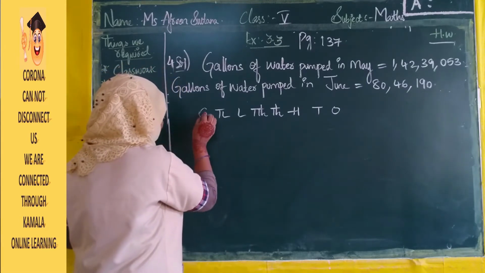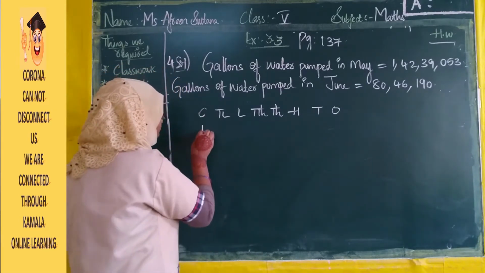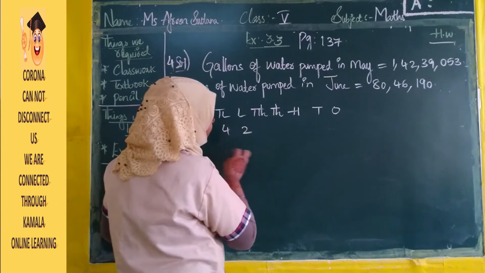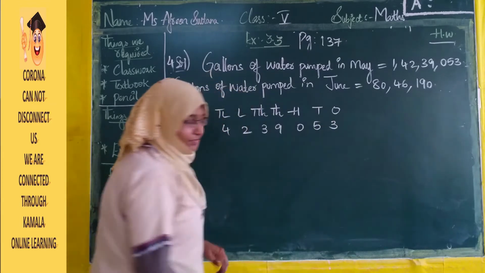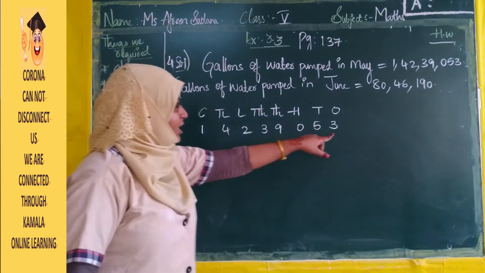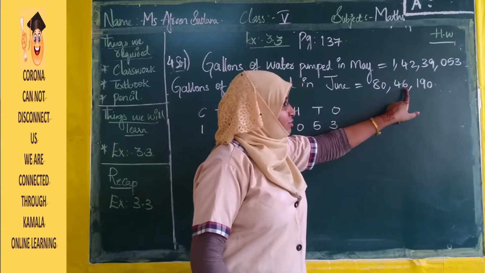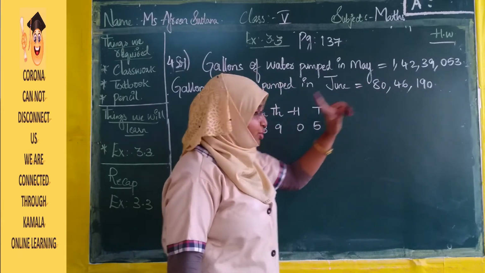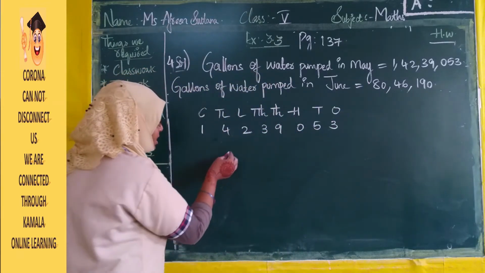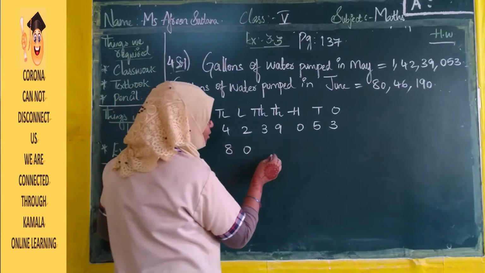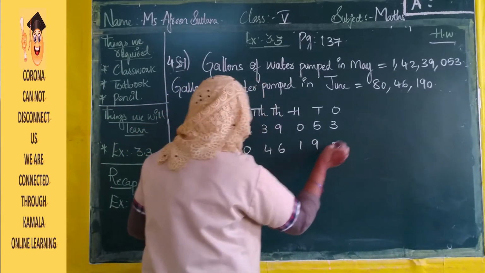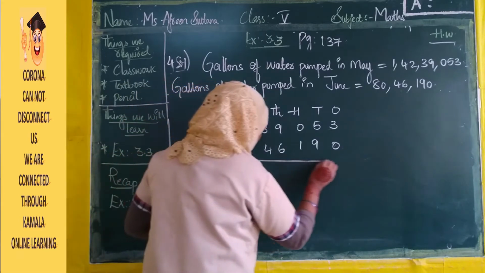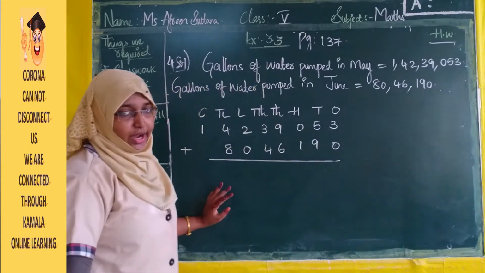So first one is 1 crore 42 lakh 39,053. Next 80 lakh 46,190. Each should go under 10 lakhs place. These 2 numbers, these 2 values we are going to add.